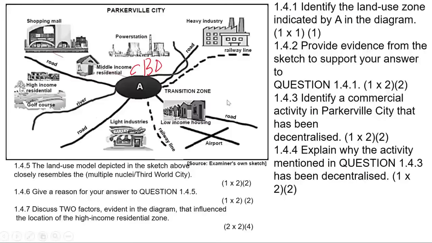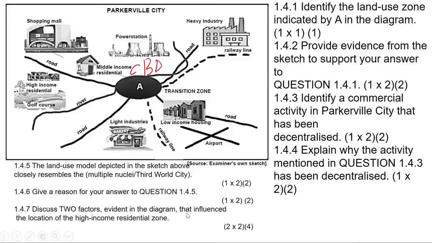But this most accessible also makes a problem for the CBD because it is the most accessible, so it experiences a lot of traffic congestion. So its accessibility can create inaccessibility again. Because it is accessible, everybody wants to go there.